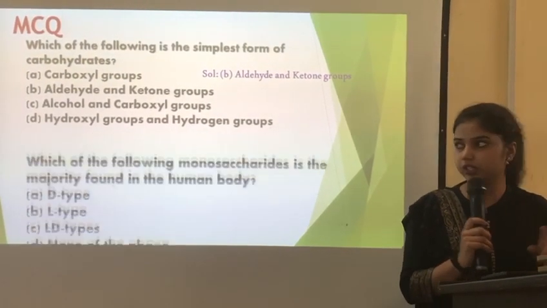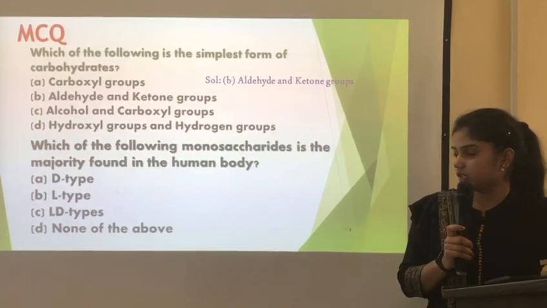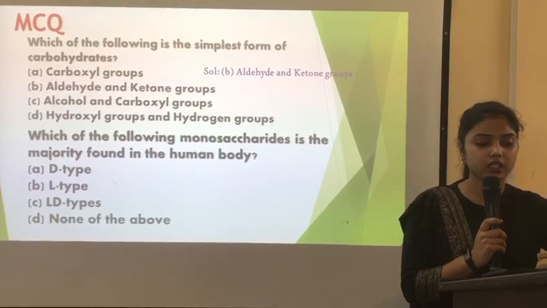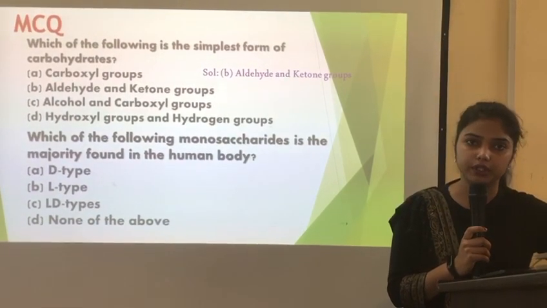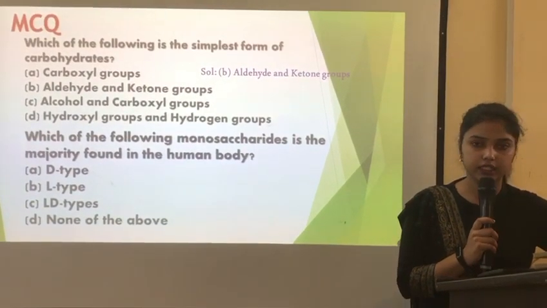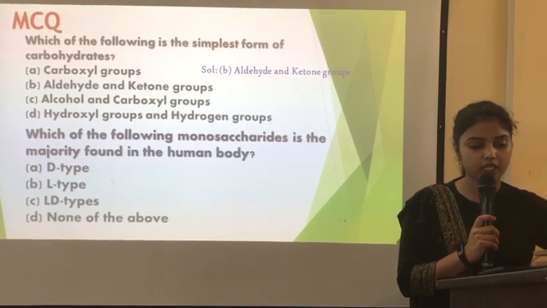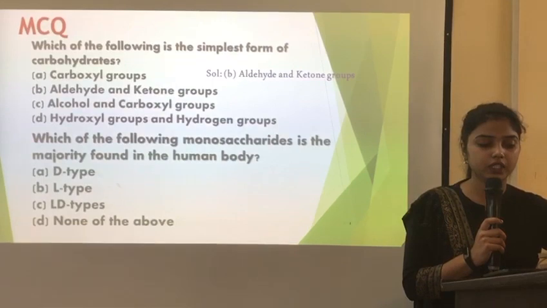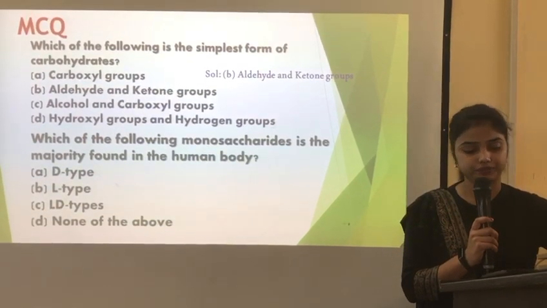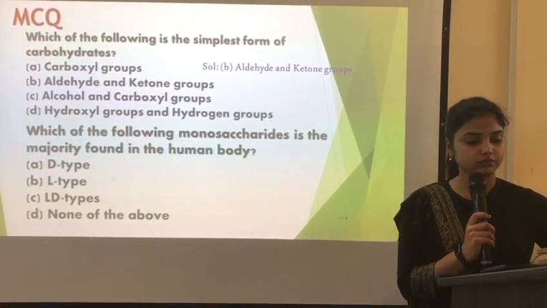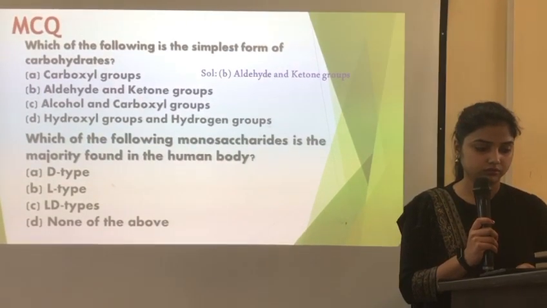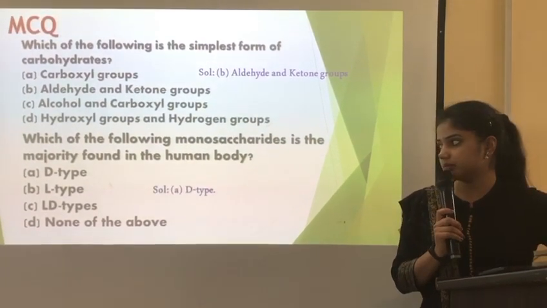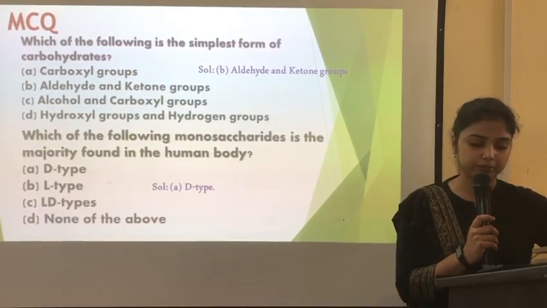The next MCQ question is: which of the following monosaccharides is mostly found in the human body? A. D-type. B. L-type. C. Alpha-type. D. None of these. The answer is A, that is D-type.